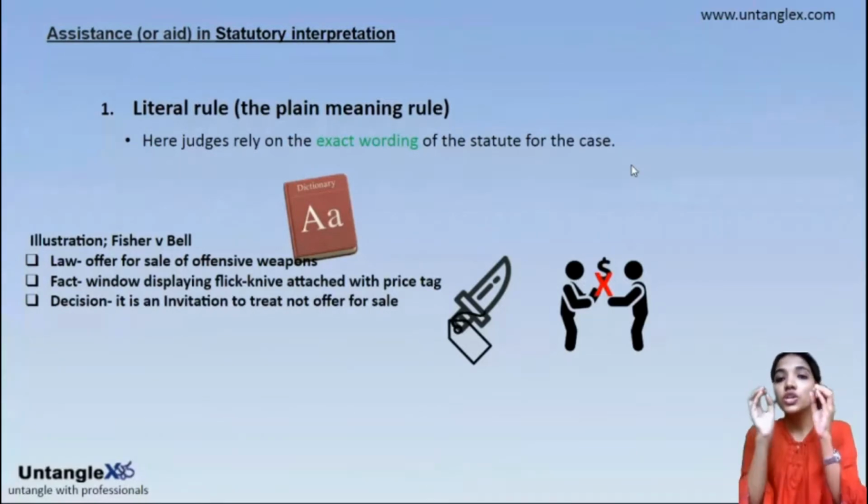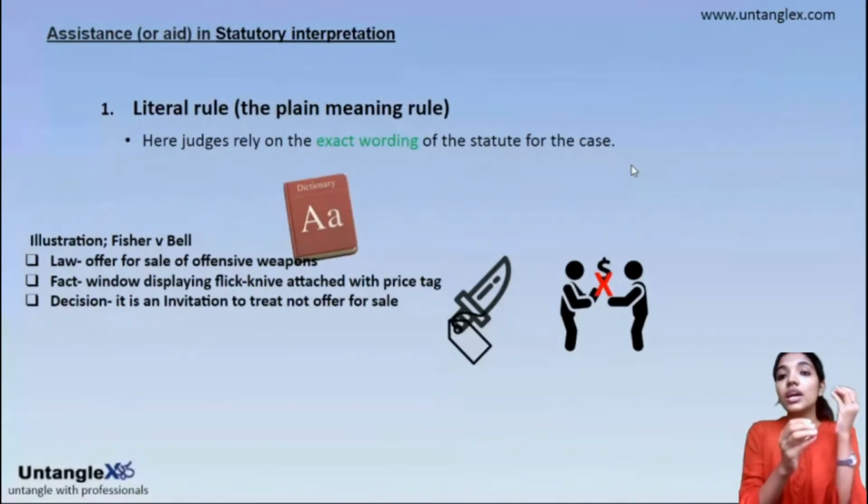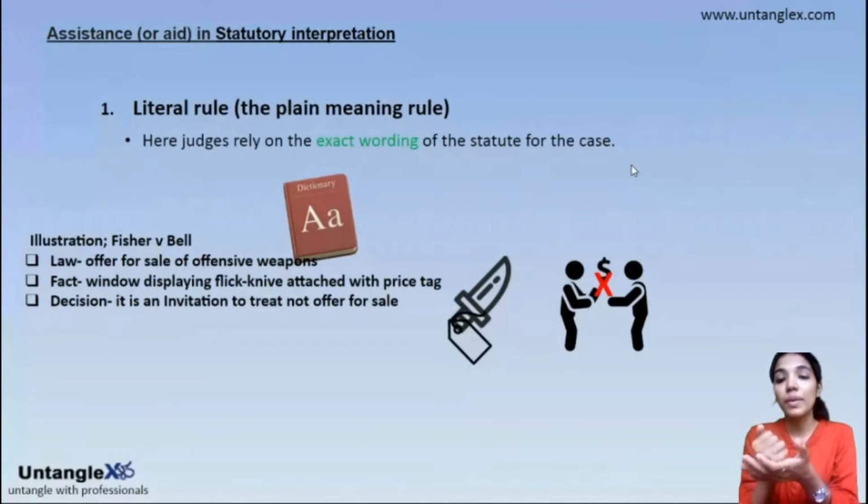So there was a law that offer of sale of an offensive weapon is a crime. Okay, and there was a shopkeeper. What he did was that a knife which could kill people was hung in the window of the shop with a price tag. So this case came to the court, saying that it is an offense to do that, right? So what did the judge do? He applied the literal rule.